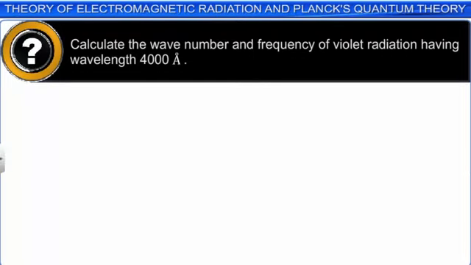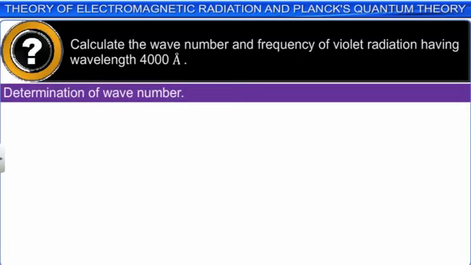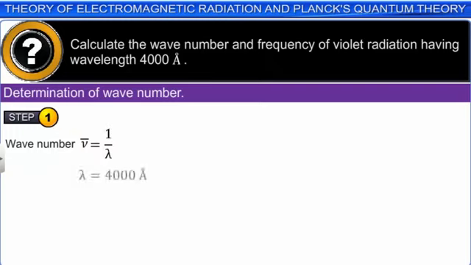First, let us calculate the wave number. The first step involves writing the formula to calculate wave number, that is, nu bar equals 1 by lambda. The given lambda value is 4000 angstroms, which is equal to 4 multiplied by 10 raised to the power of minus 7 meters.